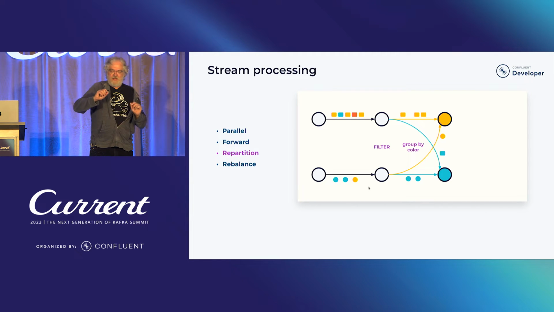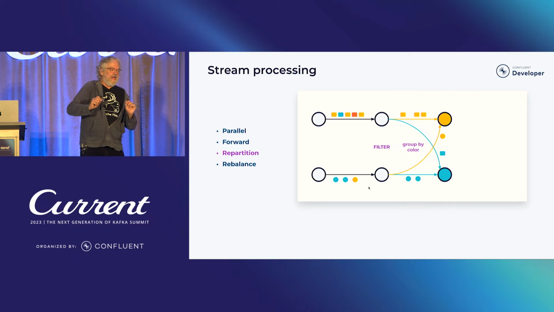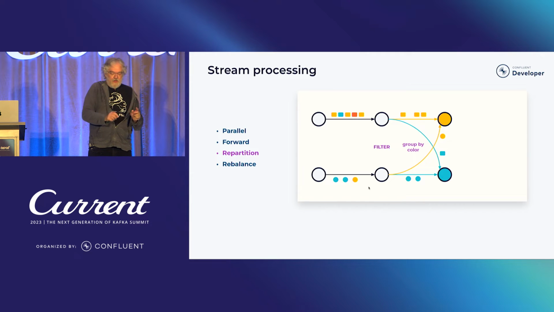And what I'm going to do then is group these events by color and count them by color. A very artificial example, I admit, but it's similar to the kinds of things people do in real applications. So here we're repartitioning our data streams. And this is expensive in Flink. The forwarding operation that we did, the connection from the source to the filter, that was very efficient.